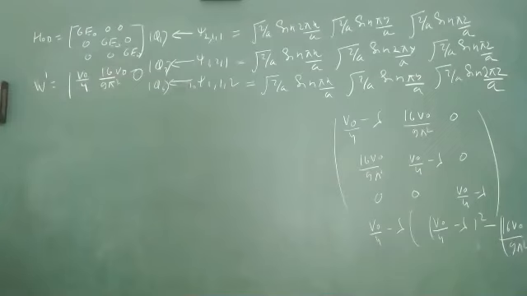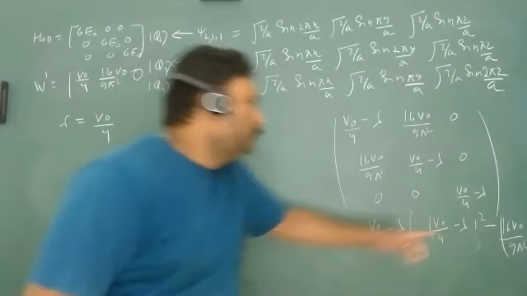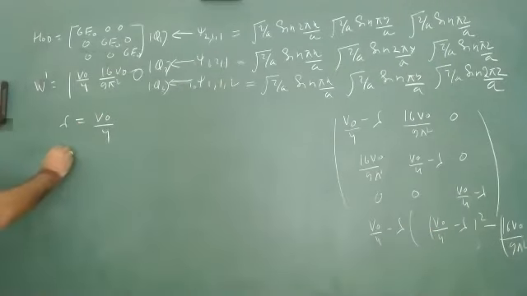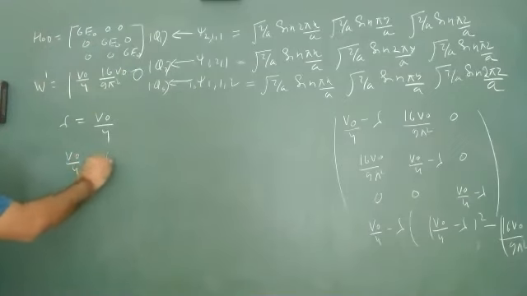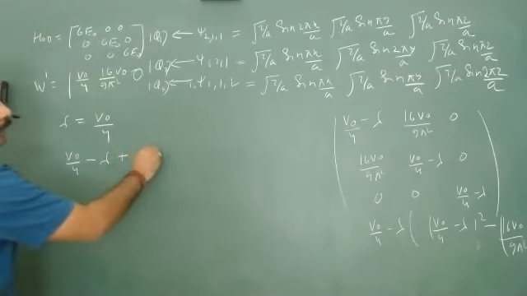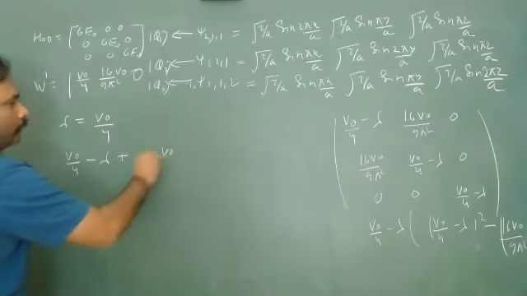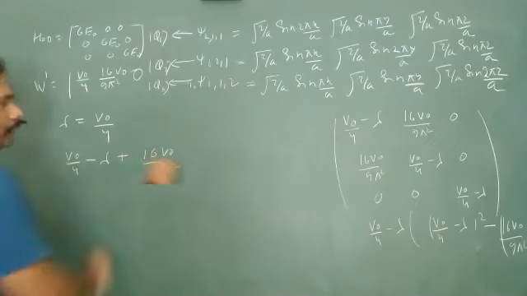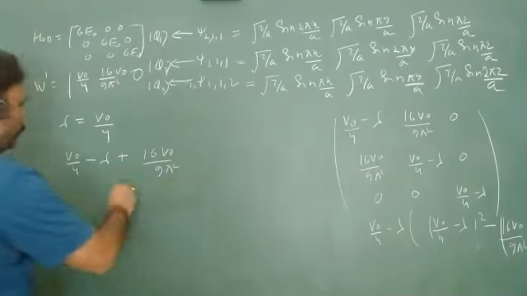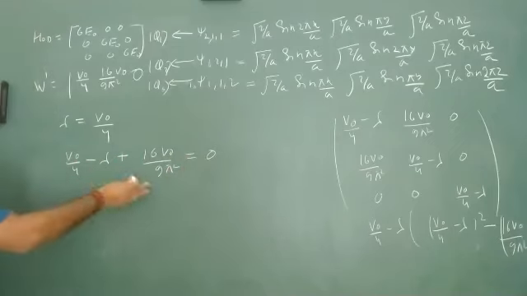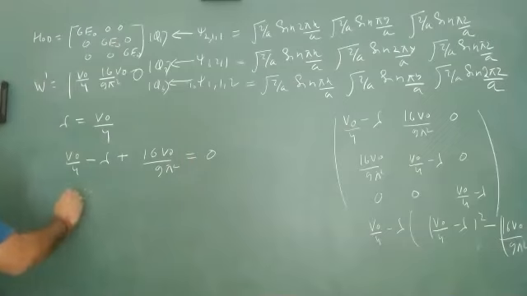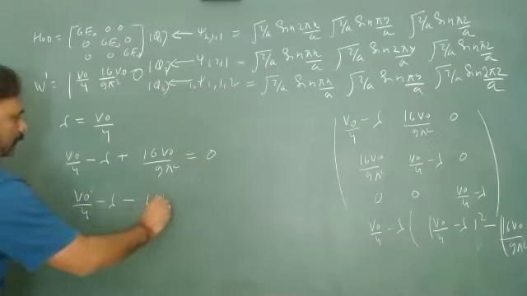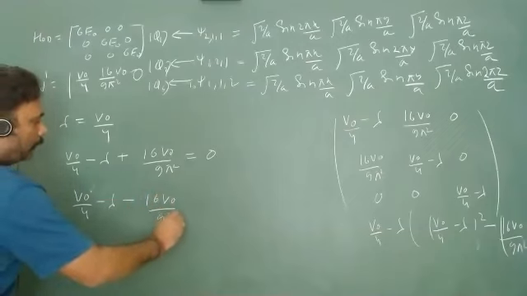So what will be the answer? One value is lambda equal to V naught by 4, and here you can use a square minus b square. So second is V naught by 4 minus lambda plus 16 V naught upon 9 pi square equal to 0, and next one is V naught by 4 minus lambda minus 16 V naught upon 9 pi square equal to 0.